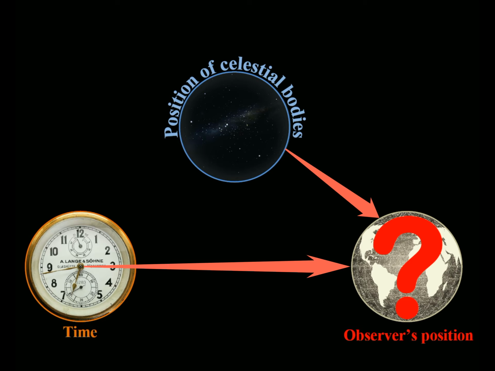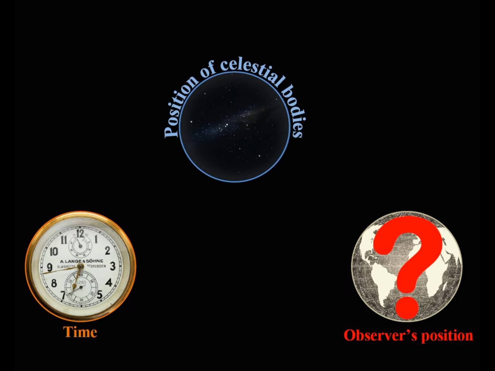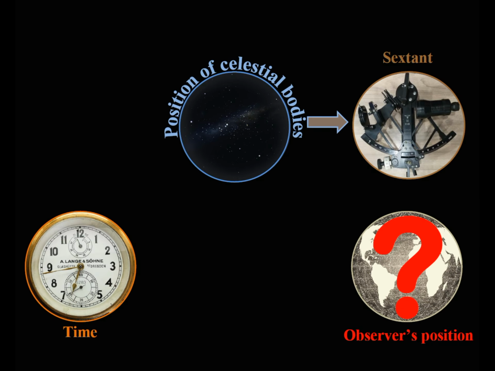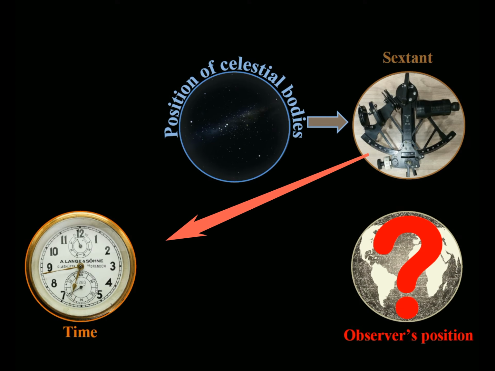The position of the celestial bodies in the place of observation is determined using a sextant, but it is impossible to get your coordinates directly from the readings of the sextant. The readings of the sextant must be linked to the time of observation.